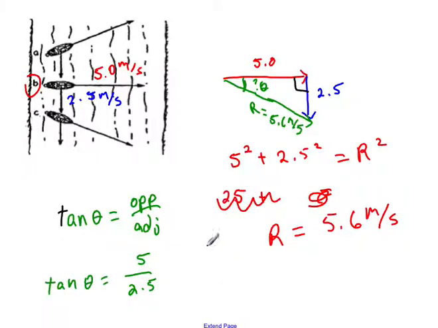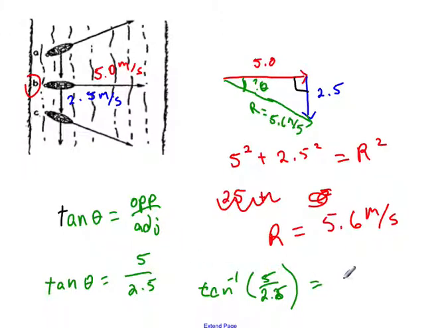So in your calculator, to solve for theta, you're going to hit probably shift tangent to get the tan^-1. And then in the parentheses, put 5 divided by 2.5. You could just do 2. So let me plug that into my calculator. You can do the same.